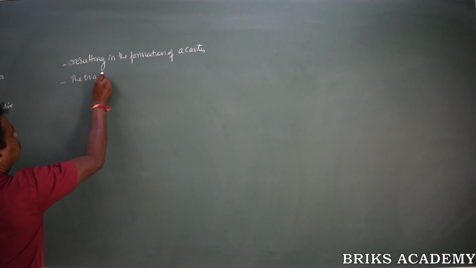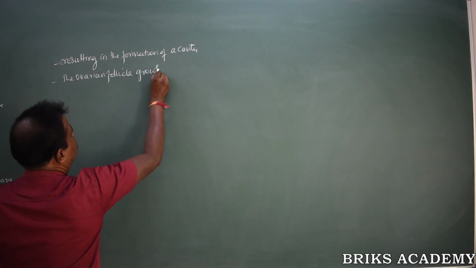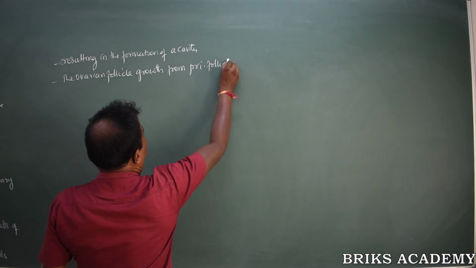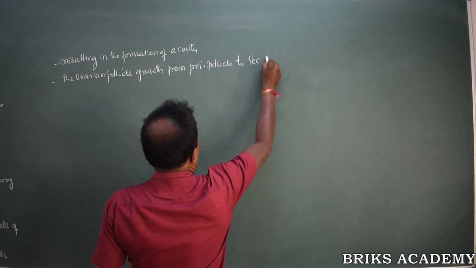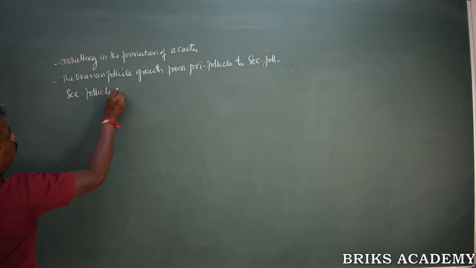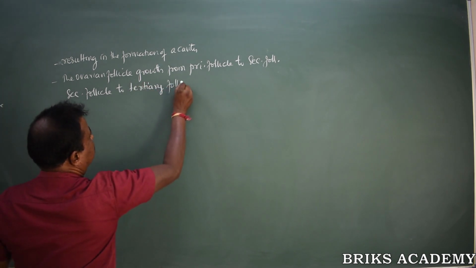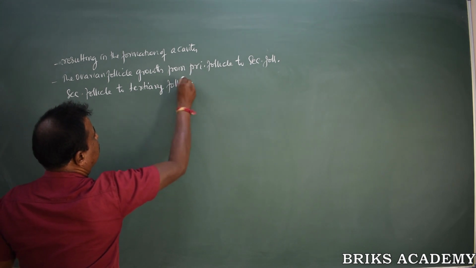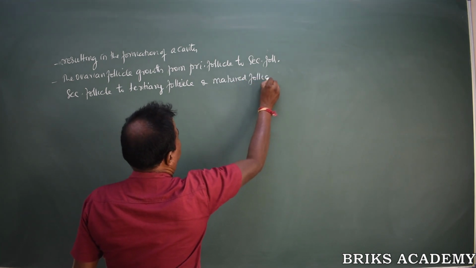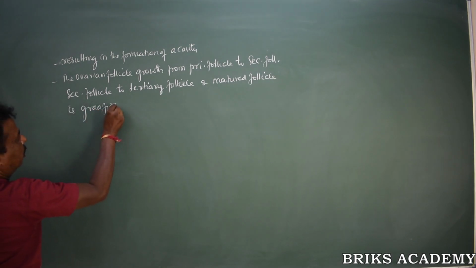The ovarian follicles grow from primary follicle to secondary follicle to tertiary follicle and matured follicle is Graafian follicle.